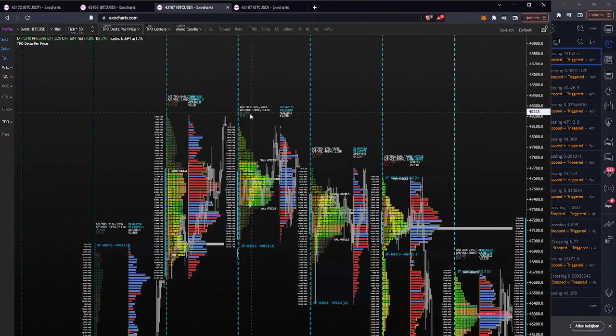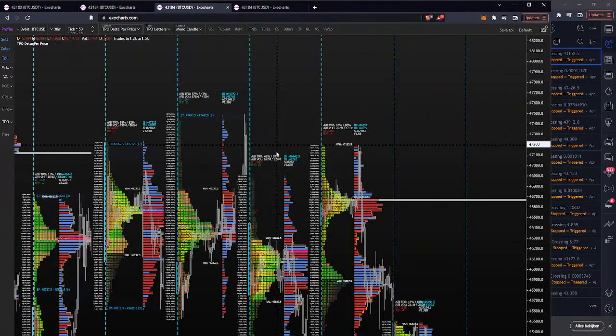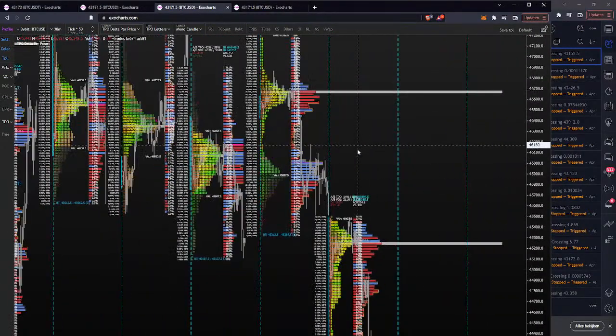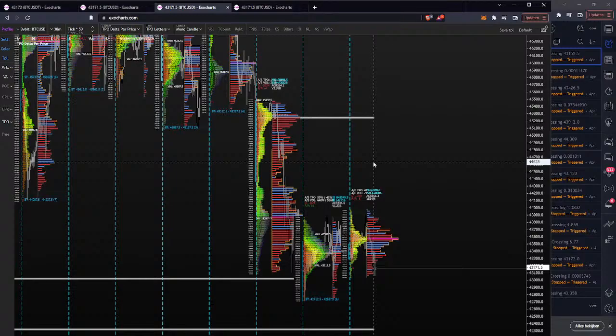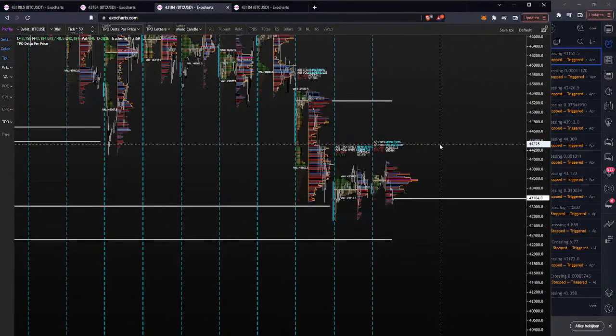We still have poor highs over here, these 3 highs. And this one is also poor. That's the only thing that is making me doubt that this is already finished.